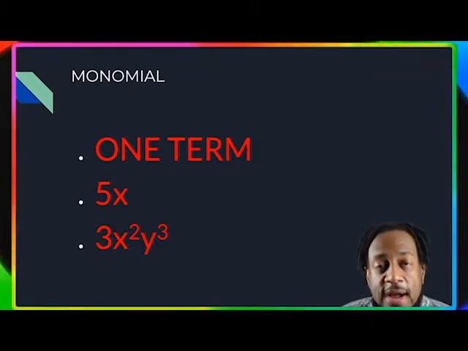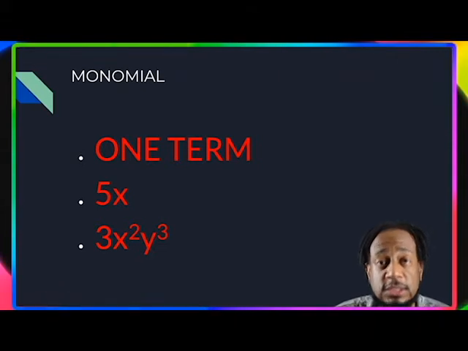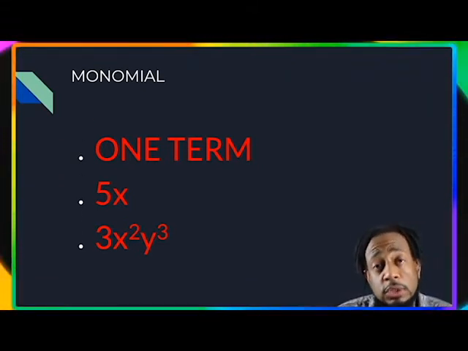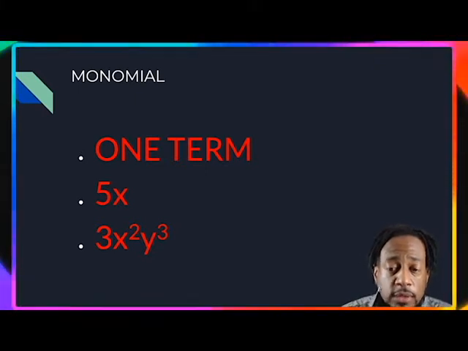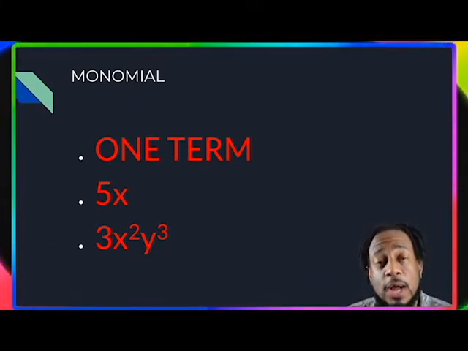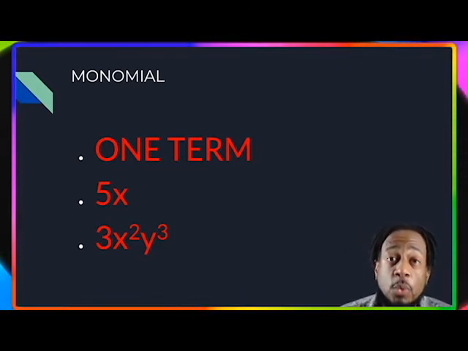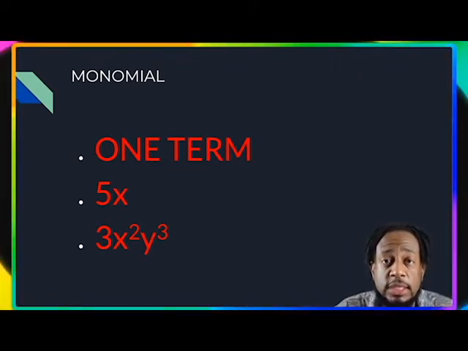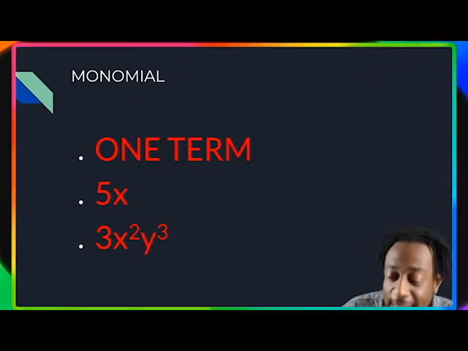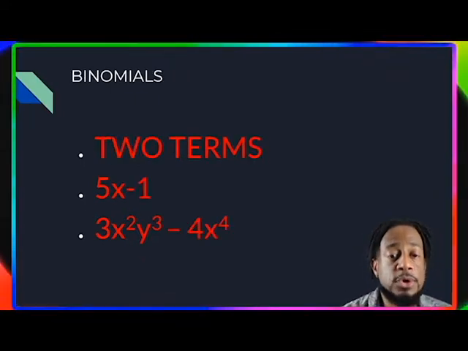So let's look at 5x. 5 is a constant, x is a variable. So if you put them together, they make 1 term, just 1. Okay? So if you go 3x squared y to the third, it's still 1 because they're all together. They're still together. It's like a package. So it's 1 package.